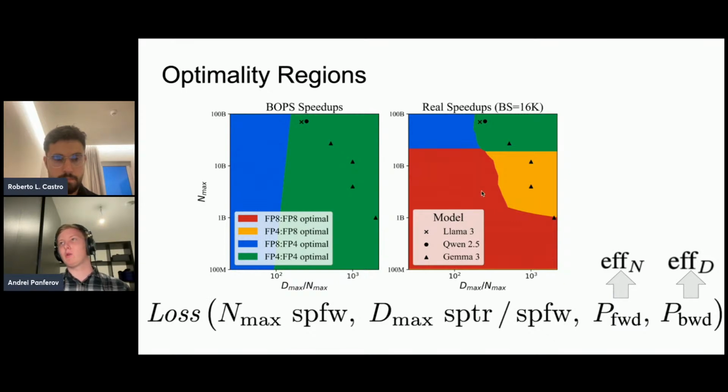And we can see that many of them fall inside the regions that are either FP4 for the forward-only quantized or full FP4 quantization. And this is why we claim that FP4 can be optimal for LLM pre-training, because some of the models that make sense in practice and that people have trained fall into the region where they would have yielded better loss if they were trained fully in FP4, or at least that's what we predict from the scaling loss and the speedups that we obtained.